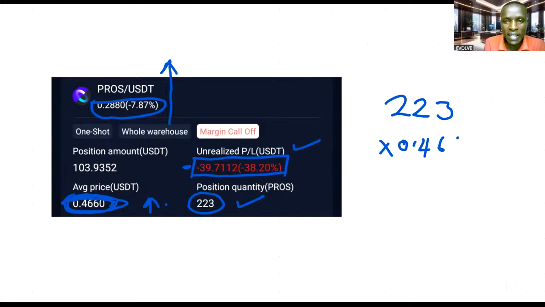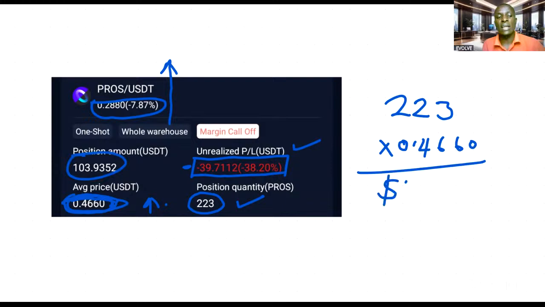When you multiply this, you get this figure here, which is the invested money, 103. Average price multiplied by position quantity gives the position amount. Coin received multiplied by the price bought at gives the total amount invested.